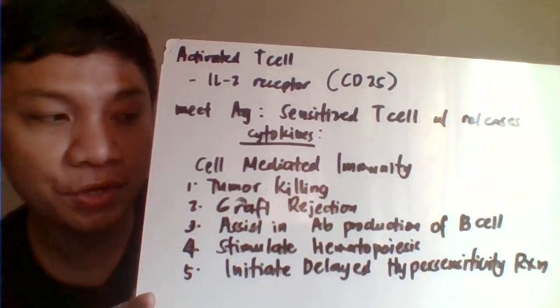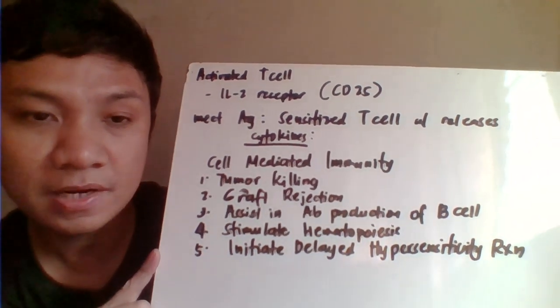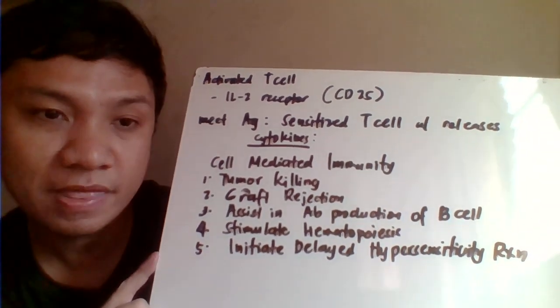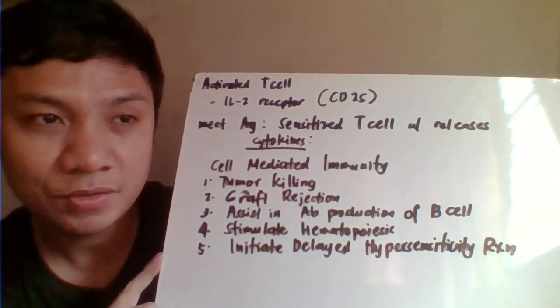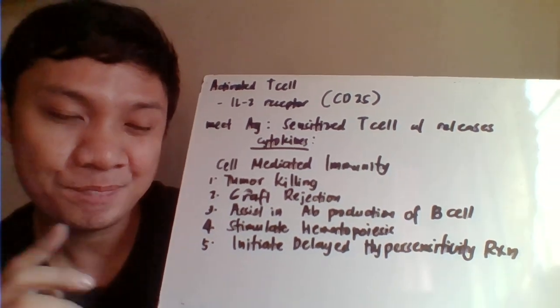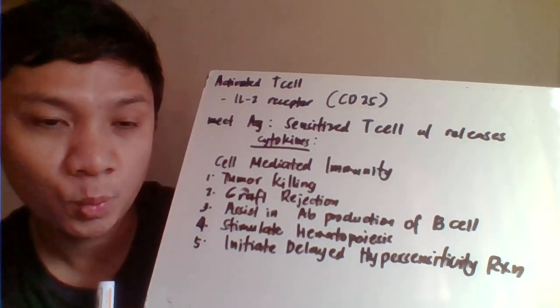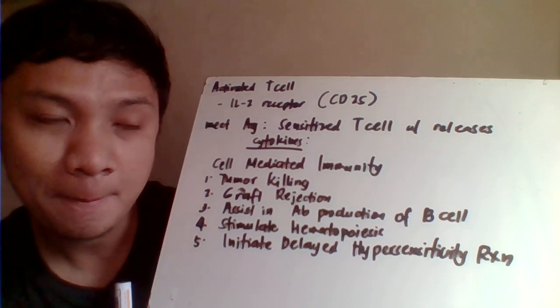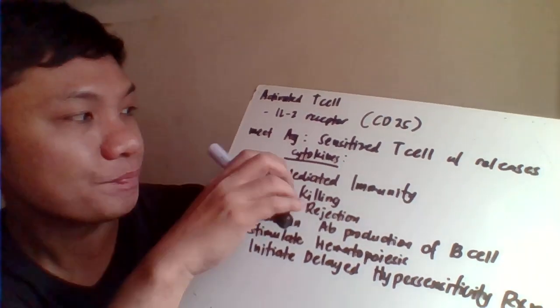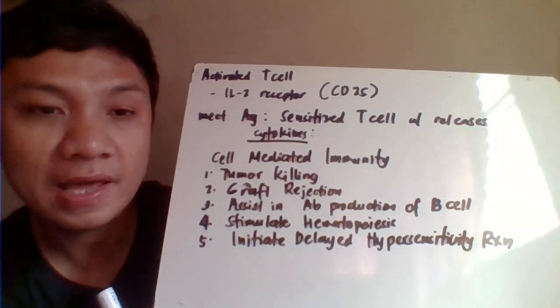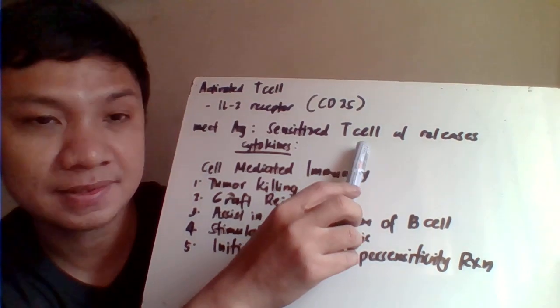Okay, next we go to your activated T cell. The activated T cell expresses CD25 and also serves as a receptor for interleukin 2. Once your T cell meets its antigen, it becomes sensitized.